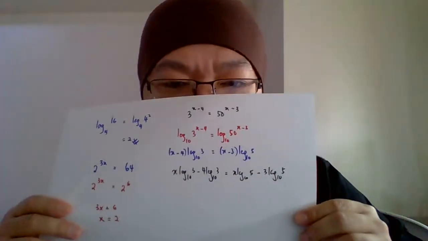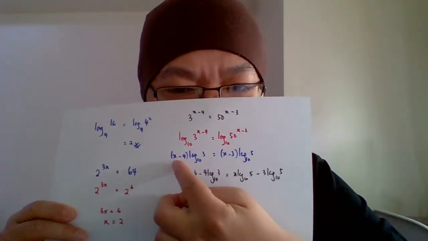Then you are supposed to get this. Expand both sides, left and right. So we are supposed to get 3 log 10, 5. Okay guys, this one, the black color.